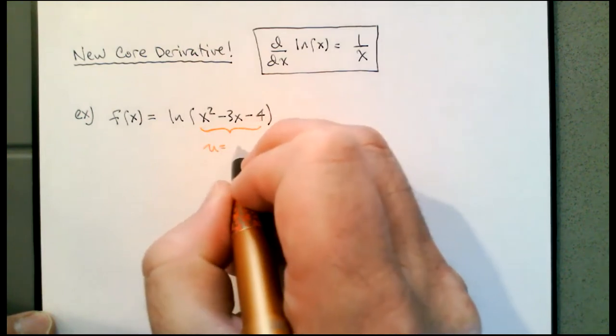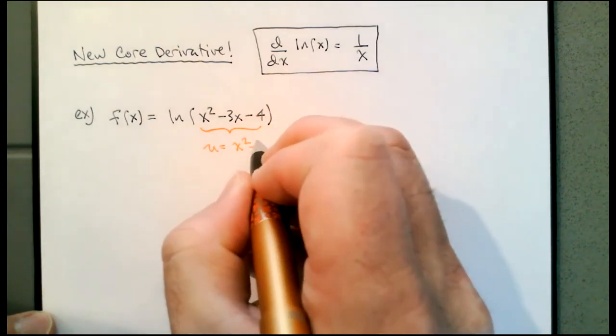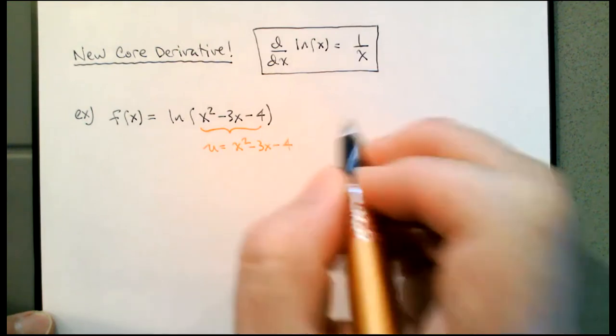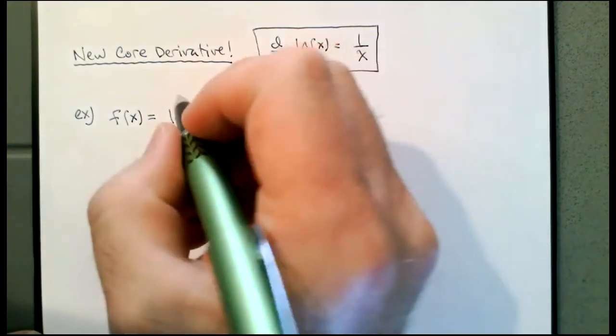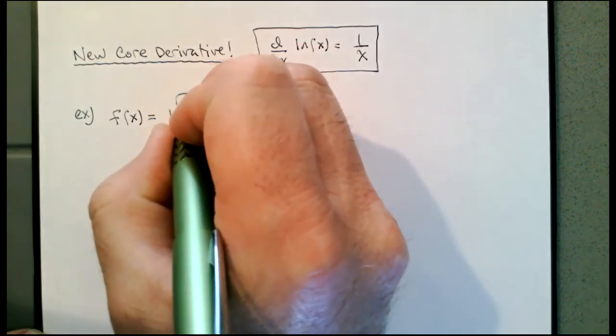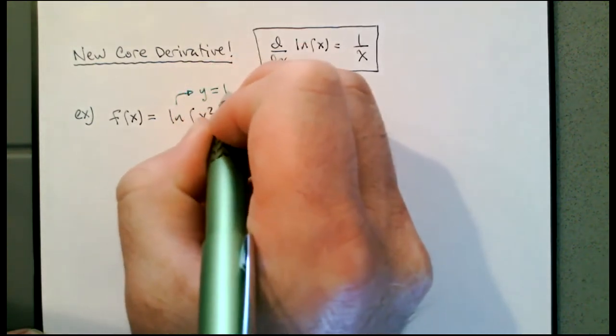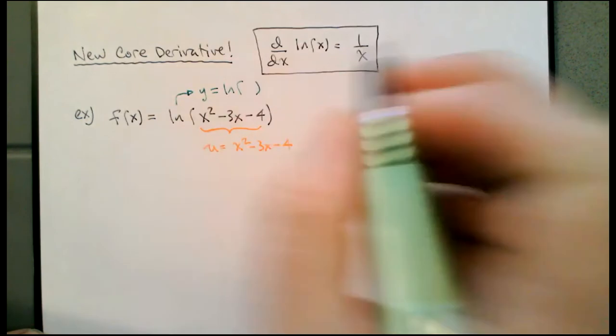This is u. That means our y function, the outside function, will be the natural log. So y is natural log of u.